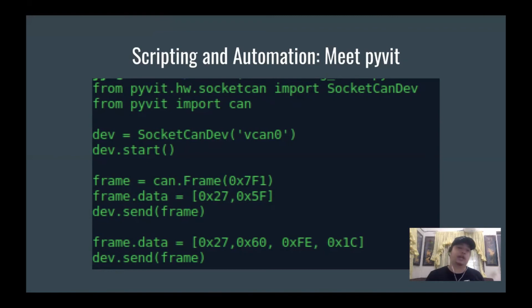Those are in hex. So it's actually sending 2 data frames with the CAN ID 7F1.